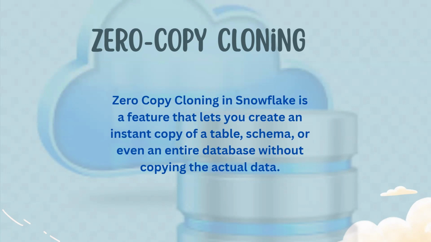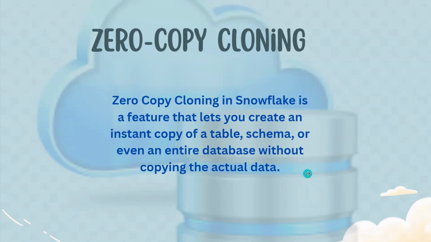Both the original and the copy point to the same pages until you change something. When you make changes in the clone, only the changes are stored separately. The rest still use the original data behind the scenes.